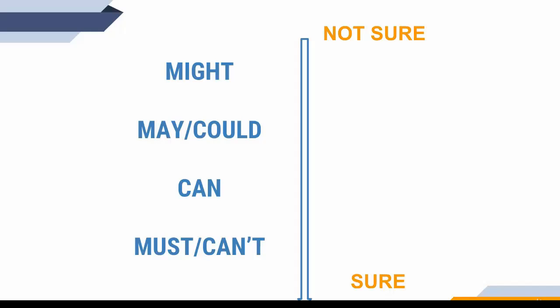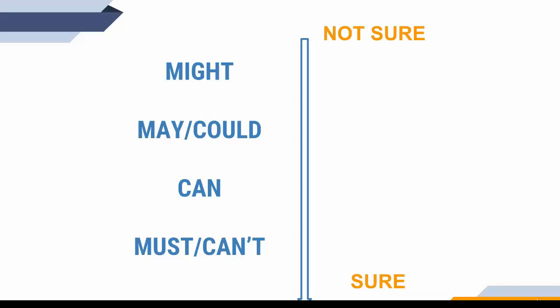All of the modal verbs that you know express predictions and make conclusions based on some facts so far. Starting with might, which gives you the least probability, 25%. After that are may and could. Both of them mean 50%. There is a 50% chance that something happened.